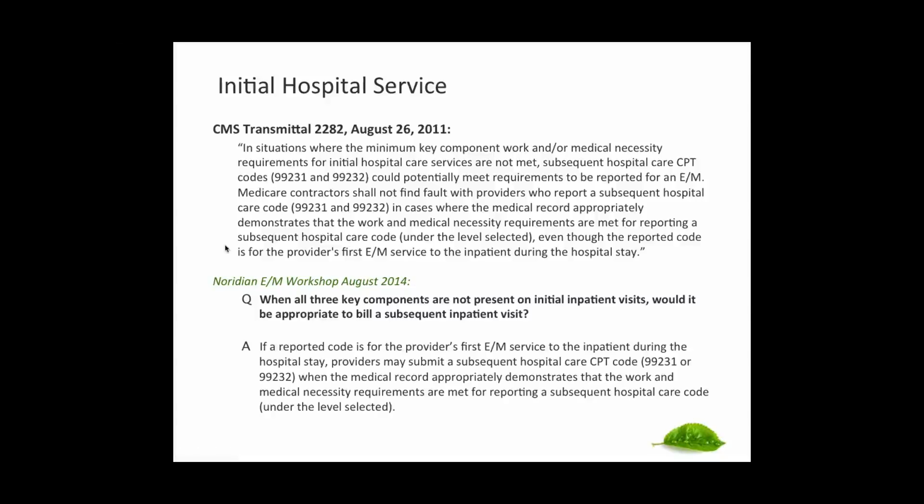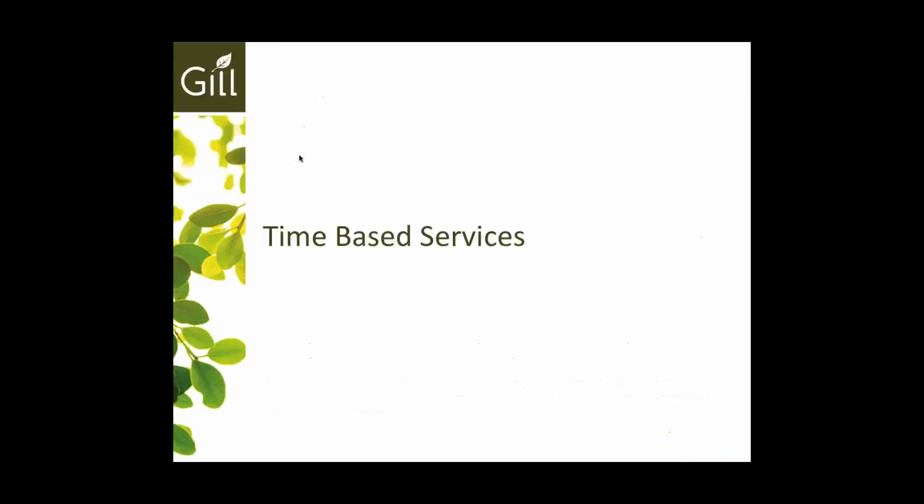And so again, if they only have an expanded history, maybe a detailed exam with low decision making, because that history component was not at least detailed, you would go down to these levels of codes. And that's just what they recommended, because we don't have the 5 levels anymore. We only have 3 to work with, and the first one, again, makes a requirement that you have it at least detailed. So in any case, a good piece of information to know.